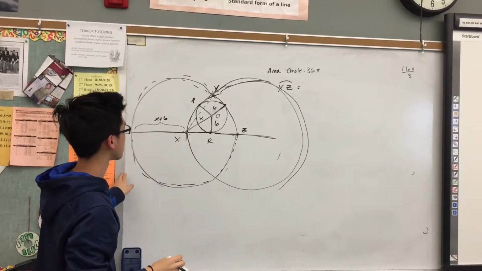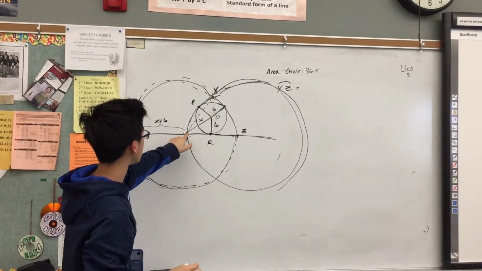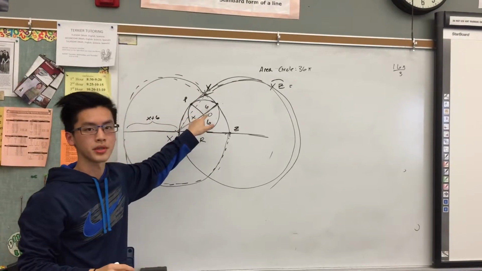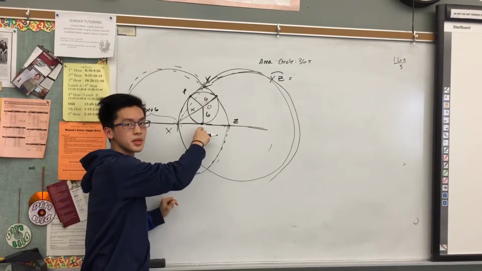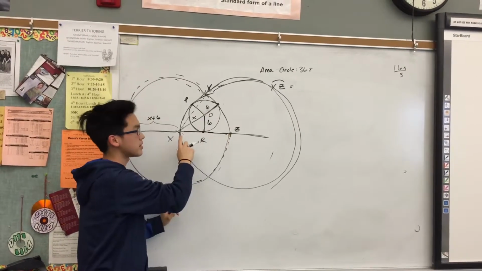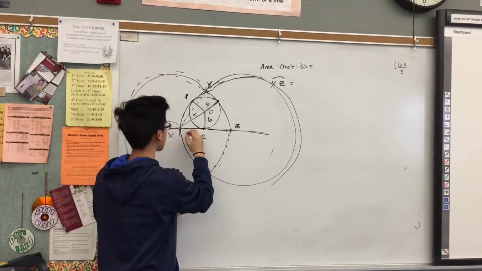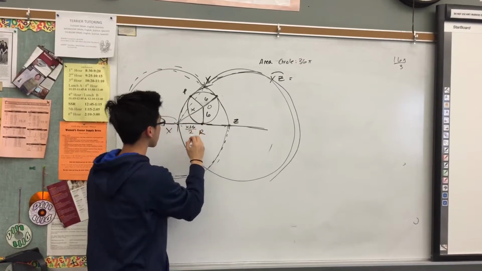We can also see from this diagram that because these circles intersect at a common point where a circle is able to be inscribed here, that means that R is the midpoint of XZ. And XZ has length x plus 6, which tells us that the length of XR is (x plus 6) over 2.